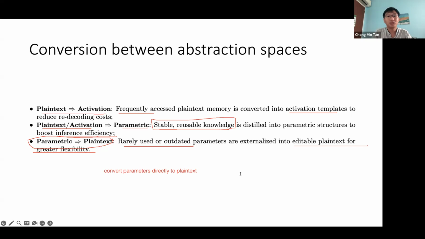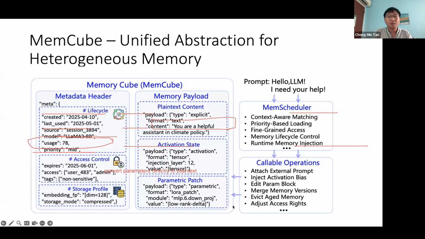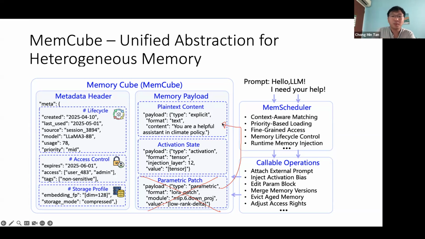That would be quite cool because, instead of having everything in the internal parameters, if you have something like a LoRA patch, you are able to say, now let's not use this during inference anymore, let's just use this. We are able to do this because when we store the MemCube, we store all three states.